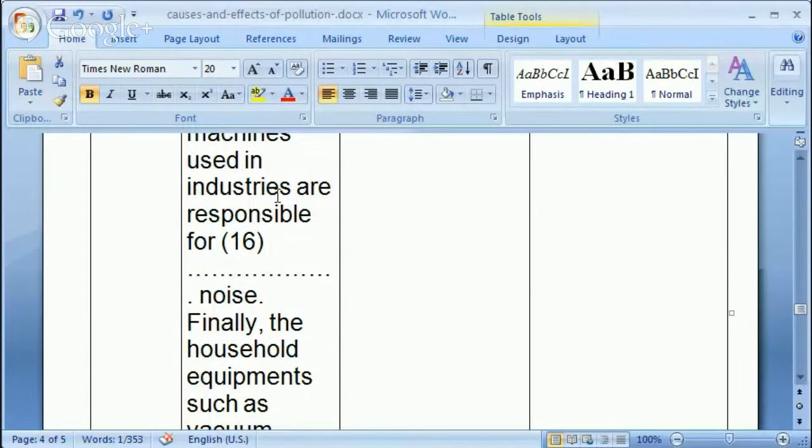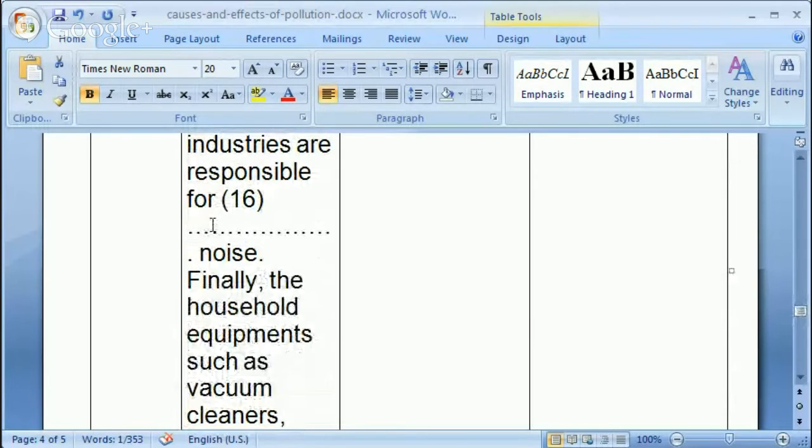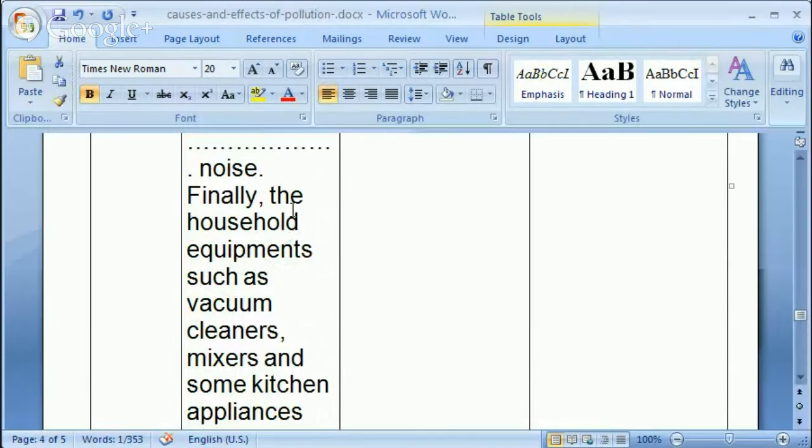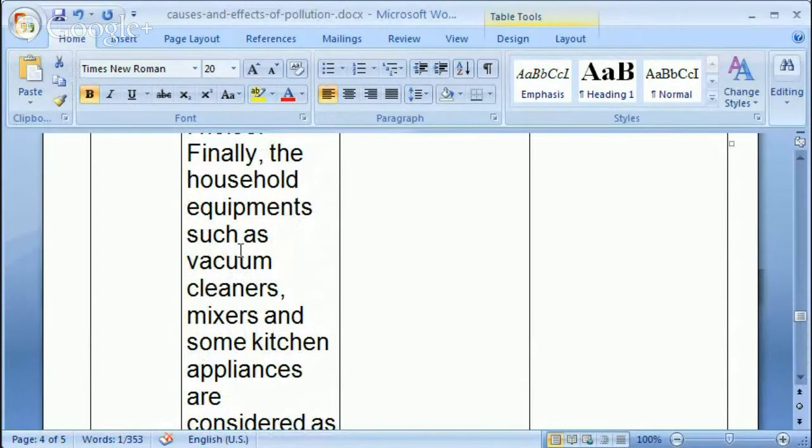Is it harmful or stressful? Not sure, but if you continue on, finally, the household equipment. This is very bad. We should just say household equipment, because equipment is an uncountable noun.